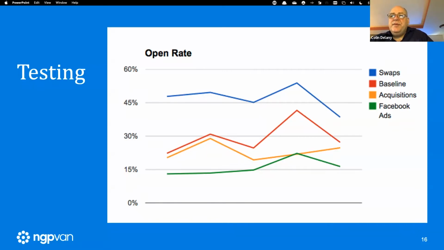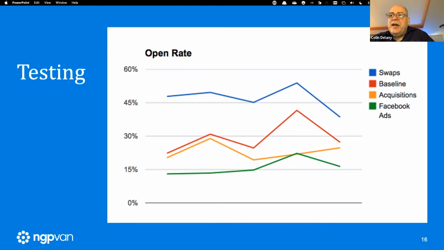This was an article someone wrote on my own website, ePolitics, about list swaps. He was comparing 4 different intake cohorts, basically four different attempts to build the list, 4 different mechanisms. And he was comparing the long-term open rates of each of them. It's a little gobbledygook on the screen unless you know what it is, but that's basically what was going on.